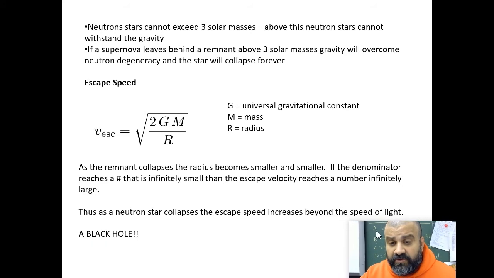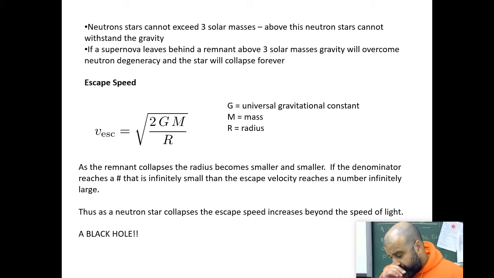So, neutron stars. If a neutron star gets big enough, that neutron degeneracy can't support all that mass, and that neutron star will collapse. It'll keep collapsing forever. So neutron stars cannot exceed 3 solar masses.